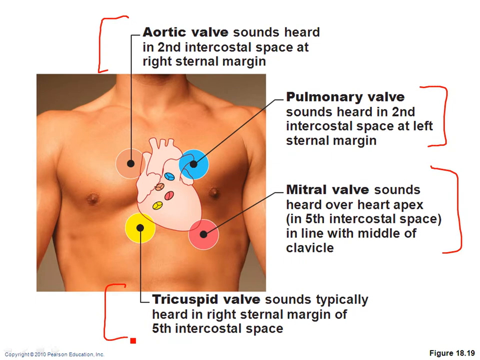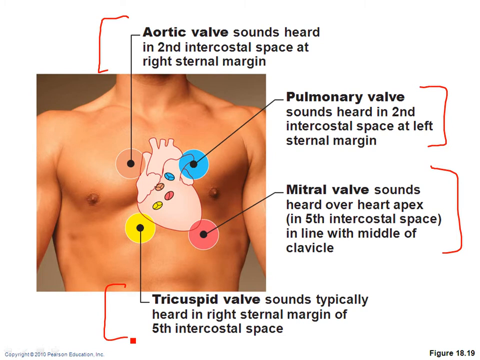The lub sound occurs as your AV valves close. The dup sound occurs as your semilunar valves close. But actually, during the lub sound, the tricuspid valve closes a little bit sooner than the bicuspid valve. Your pulmonary semilunar valve closes a little bit sooner than your aortic semilunar valve. So there are actually 4 distinct sounds that you can detect.